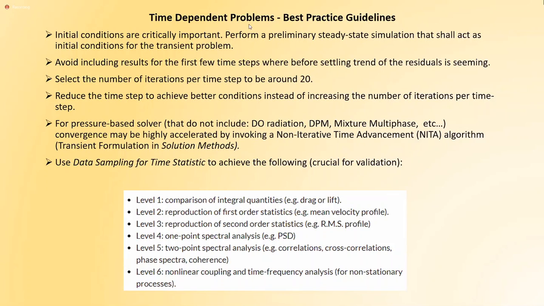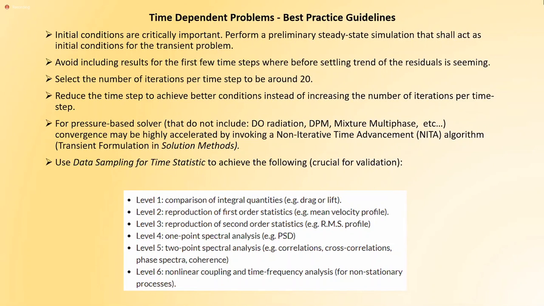Initial conditions are critically important, of course. You can run the solution a little bit until you get a realizable solution, or you can run a steady state before that. We do that with the well-known von Karman problem. We run a steady state simulation.